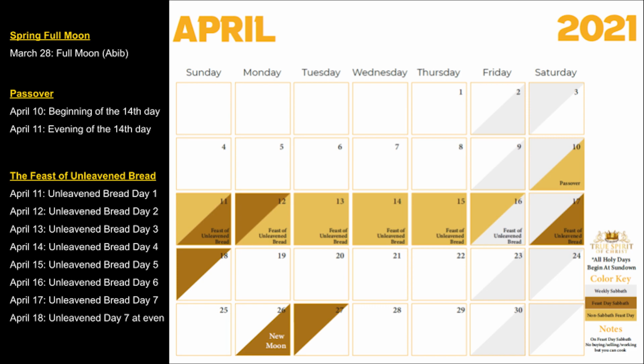The night of April 11th brings us to the Feast of Unleavened Bread, day 1. Then we go from day 2 to day 3 to day 4, all the way through April 18th, which is the final evening of the Feast of Unleavened Bread. This is the Feast of Unleavened Bread, day 7 at evening, also known as the evening of the 21st day.